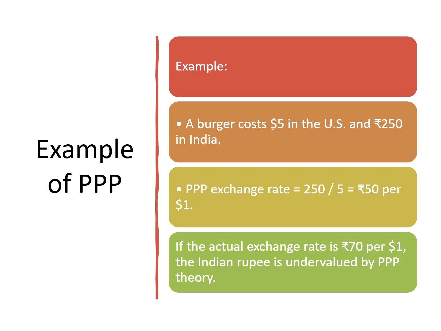If the actual exchange rate is 70 rupees per dollar, the Indian rupee is undervalued according to the PPP theory. So what you would do is look at the cost of a burger in the US, compare it to the cost of a burger in India, apply the formula, and then look up the actual exchange rate and make a comparison.